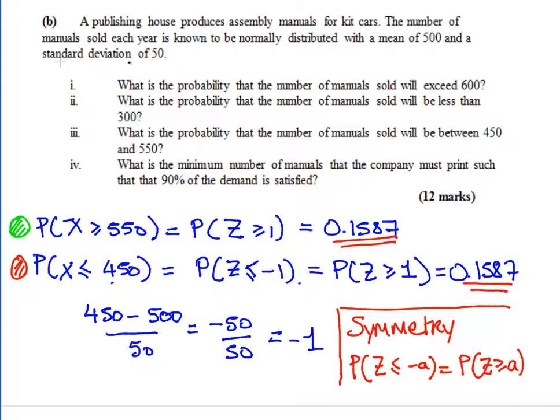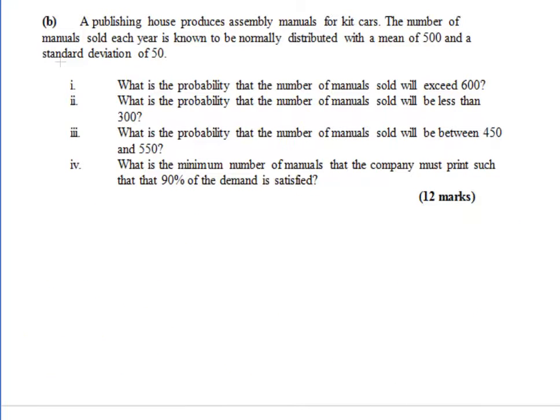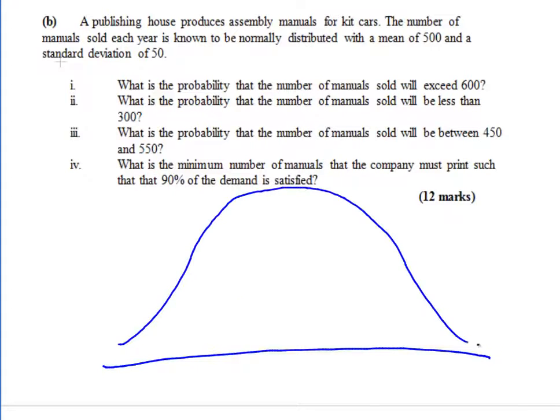Okay, so we can piece it all together now and get our answer. Let's go back here a second. Sorry. Let's draw our curve here now, and make it a bit bigger this time.